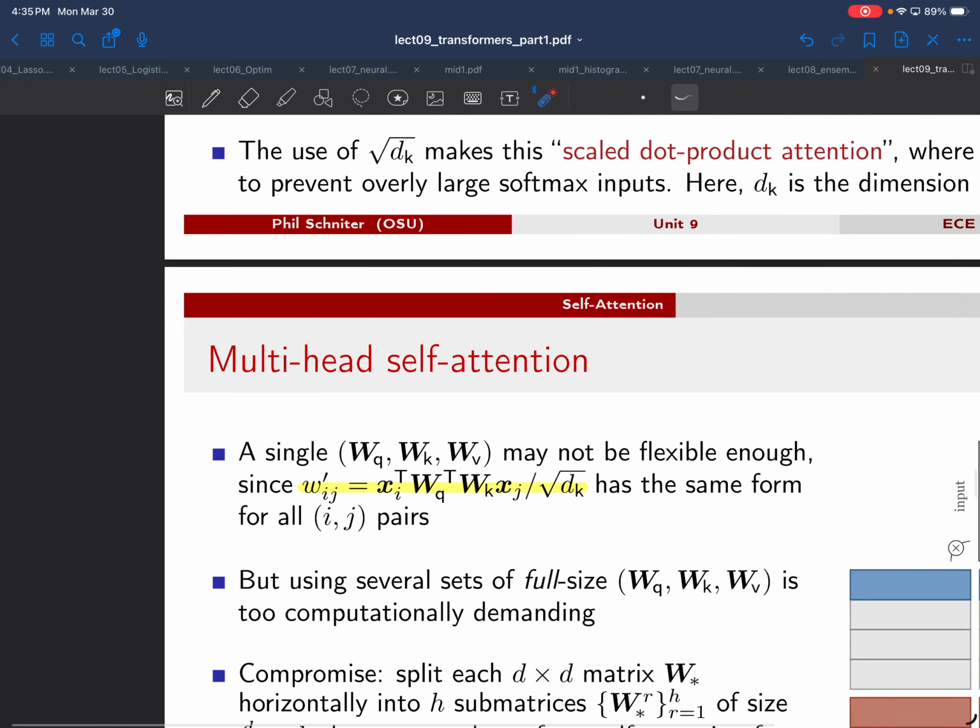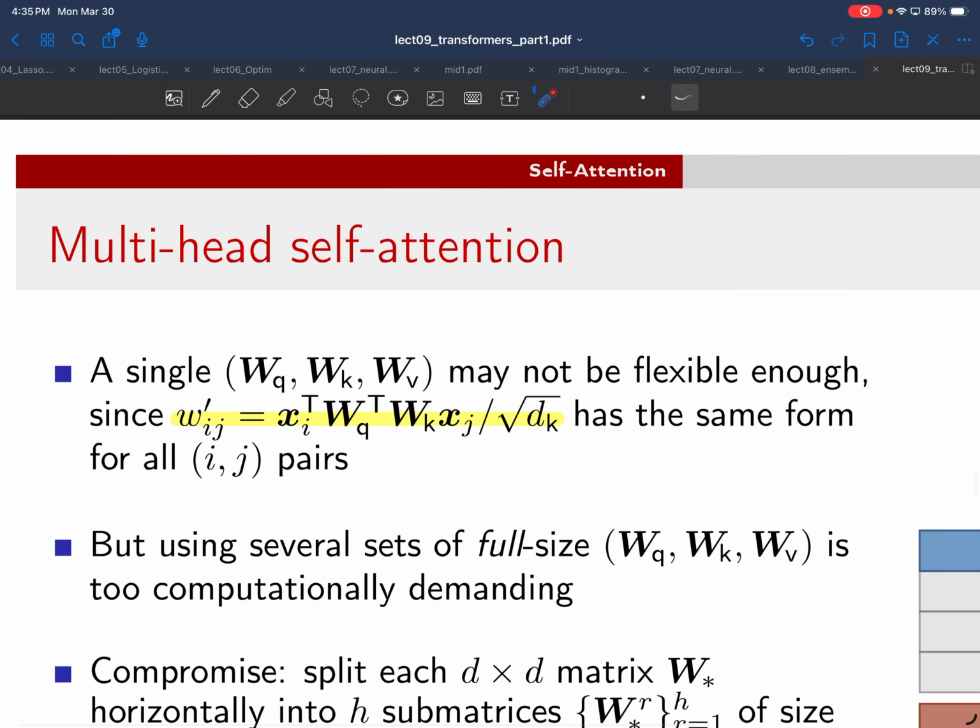attention is being computed. So you might think, well, it's maybe not that simple, because even if we're doing character prediction, maybe we want one version of attention that says how vowels relate to consonants, and maybe another one says how consonants relate to vowels, and another one says how punctuation relates.